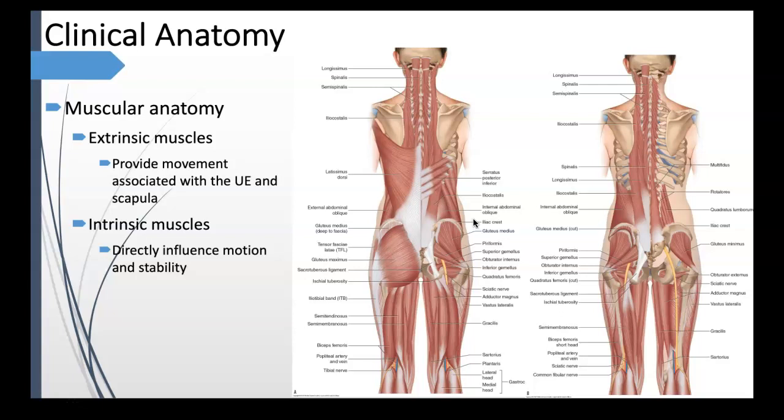You have the rhomboid minor and rhomboid major, which are also not included on this image, but certainly help with retraction and elevation of the scapula, and maybe downward rotation of the scapula. So just keep in mind that those extrinsic muscles are major movers of the spine, the glenohumeral joint, and the scapulothoracic rhythm.